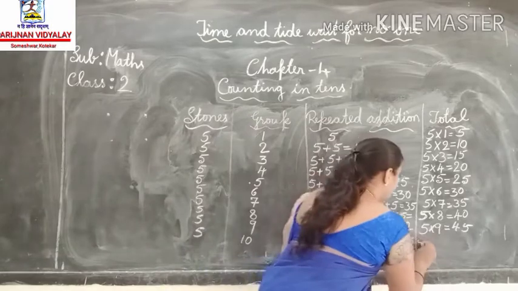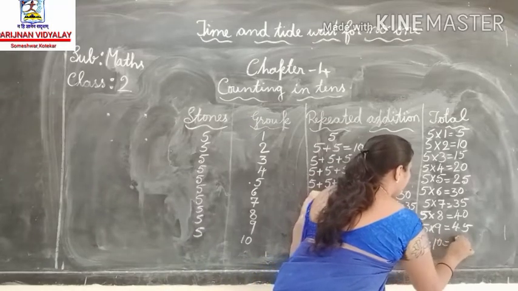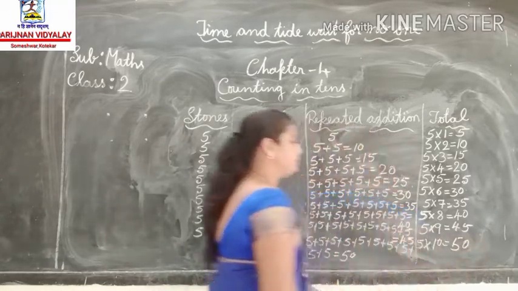So 5 into 10 groups means 5 tens are 50.